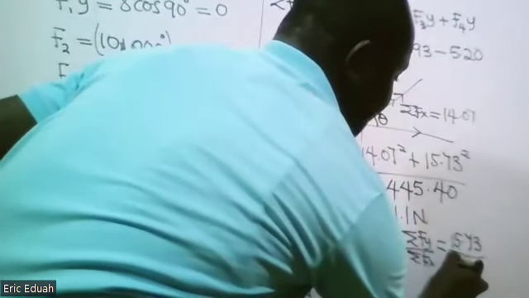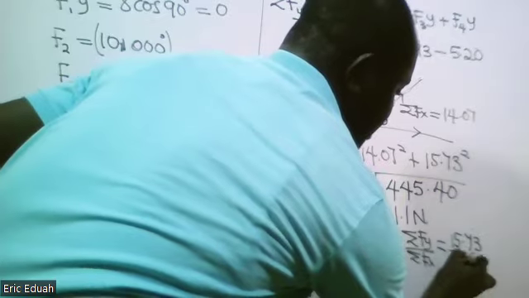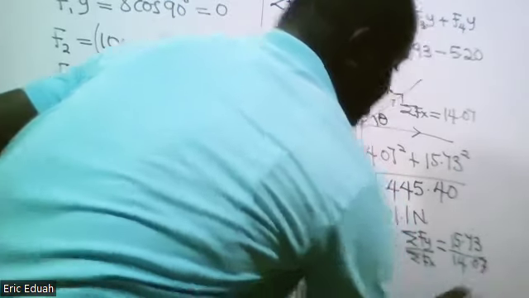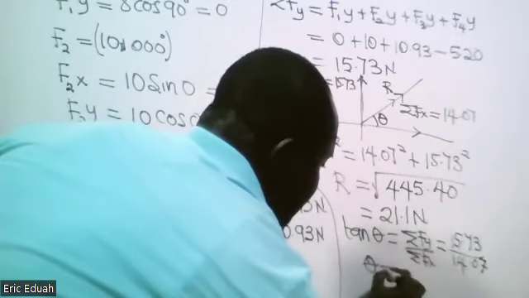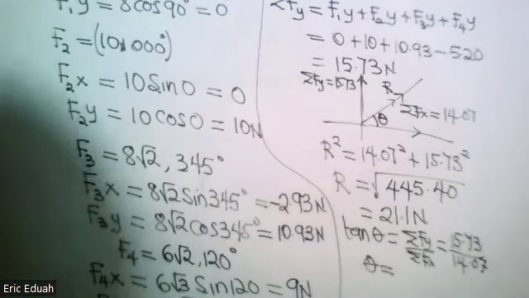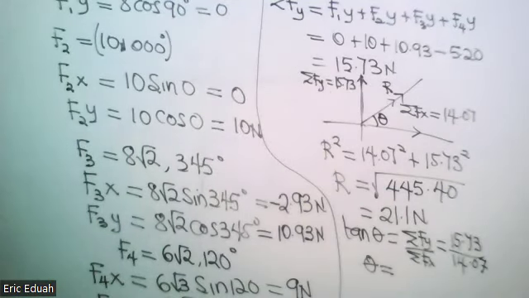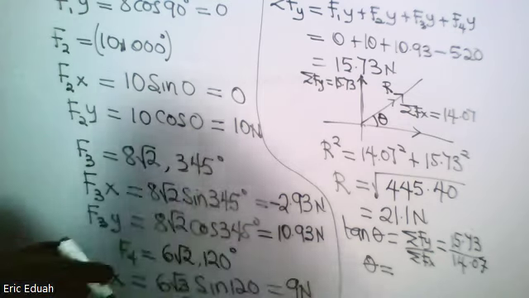So 15.73 over 14.07. Do that and then give me the value of theta. What is the value of theta? 48.19 degrees, 48.2 degrees. Okay, let me confirm. Okay, so 48.2 degrees. Thank you.